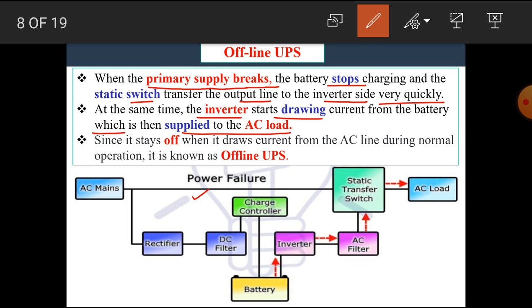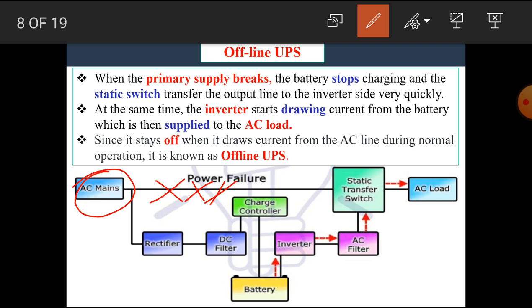Since it stays off and draws current from the AC line during the normal operation, it is known as offline UPS. That means if the AC mains power fails, it does not supply power to the load, and in that case the charging of the battery also stops.